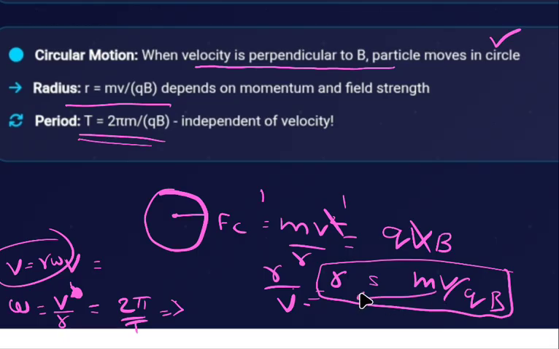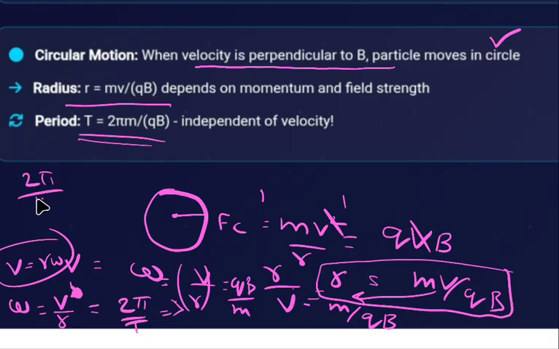You bring this v to this side. r by v is equal to m by qB. But I want v by r. So v by r is equal to qB by m. V by r is nothing but omega, so 2 pi by T is equal to qB by m.